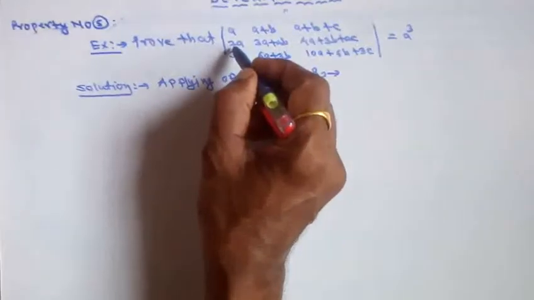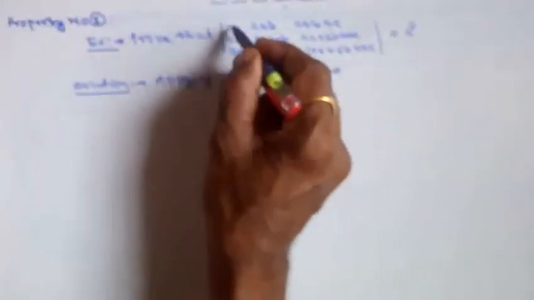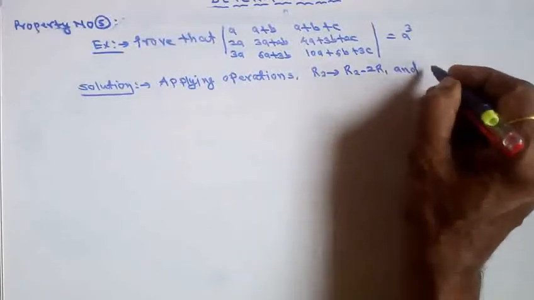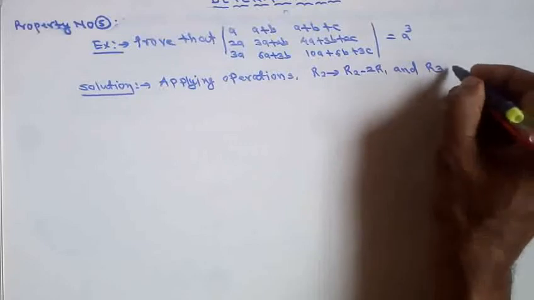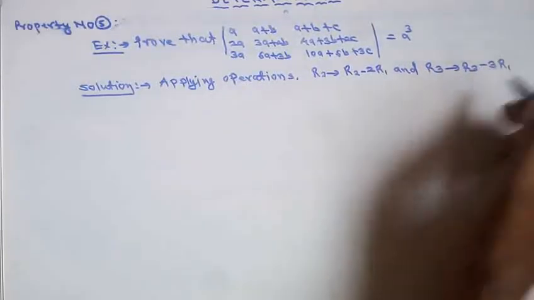Here it is 2a, so if I multiply R1 by 2 this becomes 2a, and 2a minus 2a becomes 0. Try to bring more zeros in the determinant so that it will be easy to expand. So R2 as R2 minus 2 times R1, and R3 as R3 minus 3 times R1.